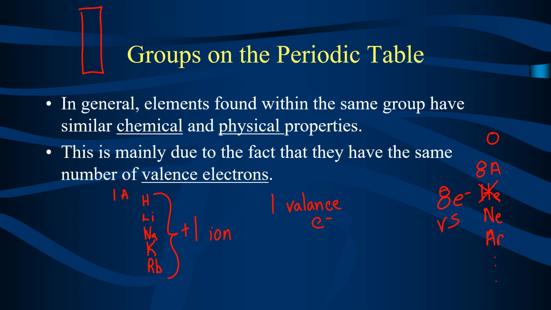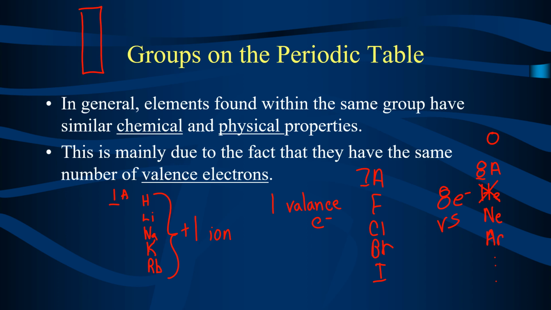All right. So if I look at column 7A, which is that with fluorine, chlorine, bromine, iodine, I want you to make a prediction based off the pattern you see there for valence shells.